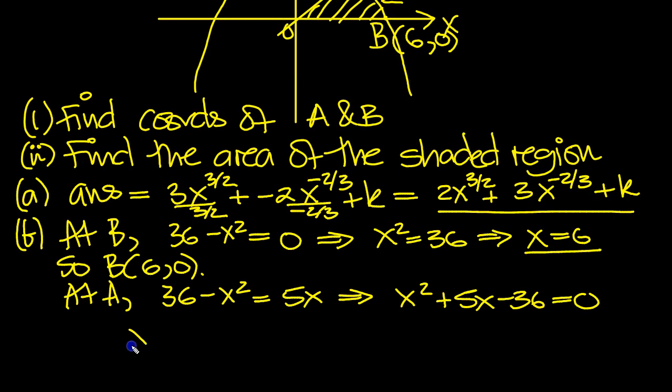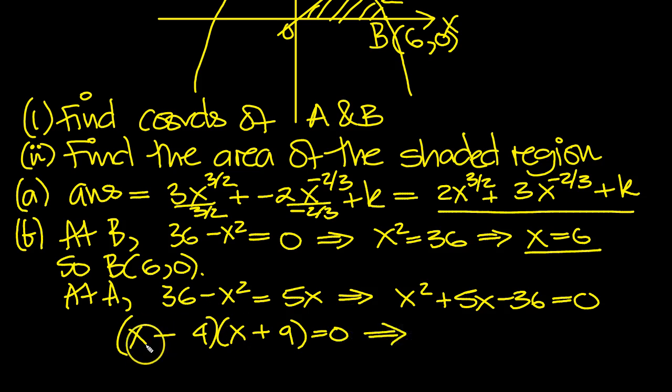So we can factorise: x squared plus 5x minus 36 is x plus 9 times x minus 4 equals 0. Nine fours are 36, and 9 take 4 is plus 5. That tells us the only positive value that comes out here is x equals 4, isn't it?